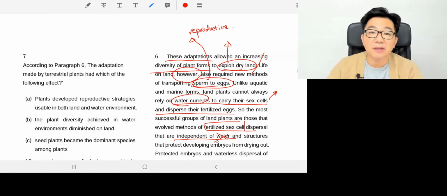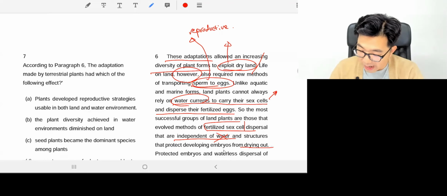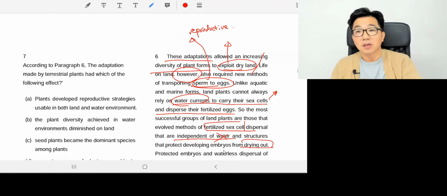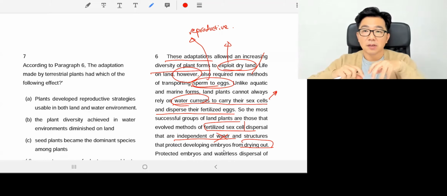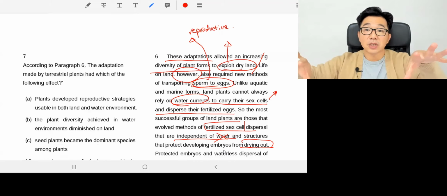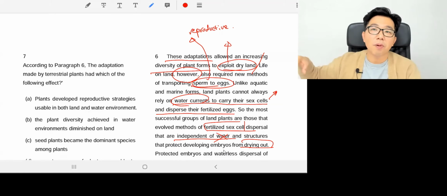Independent of water, and structures that protect developing embryos from drying out. So it cannot be dried out, even though we are not under the water, but being able to disperse it without the help of the water current.